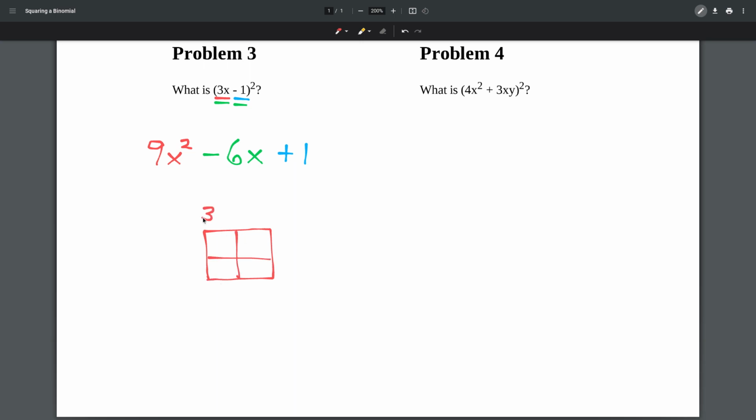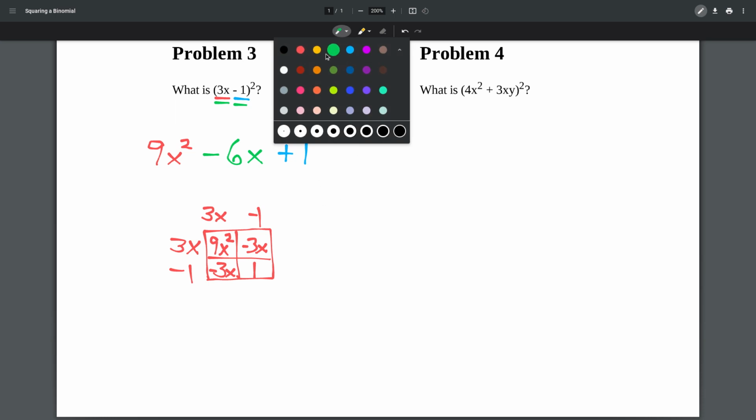So we've got 3x minus 1 times 3x minus 1. 3x times 3x is 9x squared. 3x times minus 1 is minus 3x. 3x times minus 1 is minus 3x. And negative 1 times negative 1 is positive 1. So let's check.